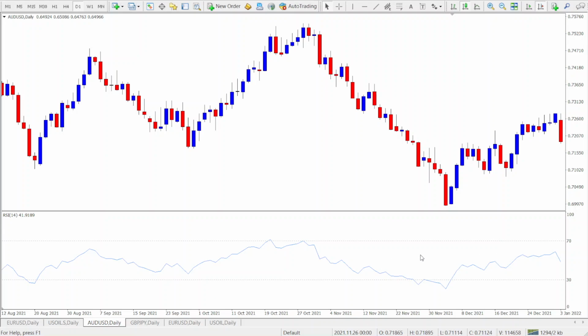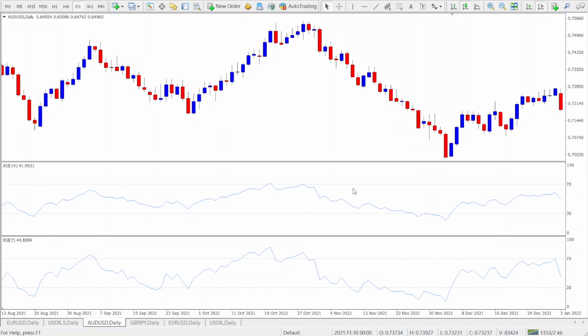Now let us set up the triple RSI on our chart. For this example, we are going to be using 3 RSI indicators with periods 7, 14, and 21. The default period is 14, so I'm going to be adding RSI values of 7 and 21.